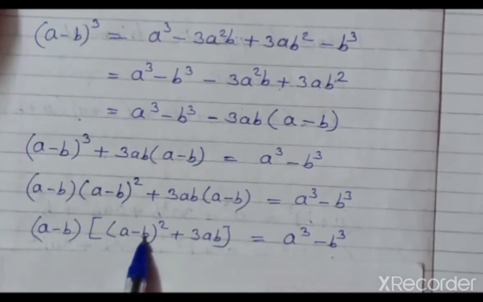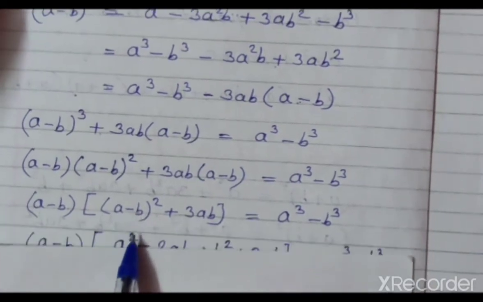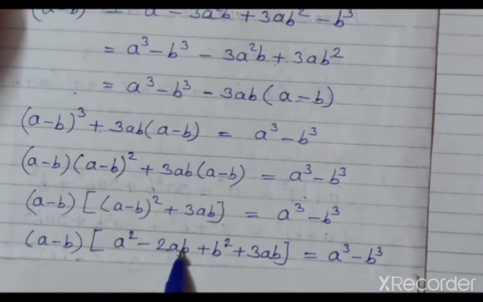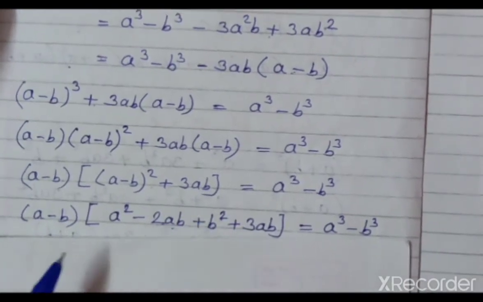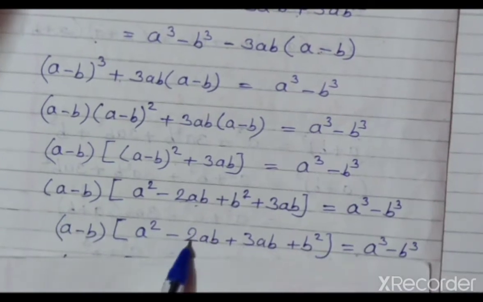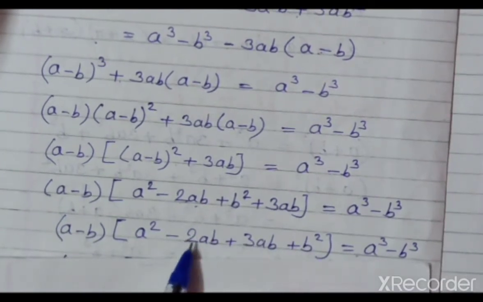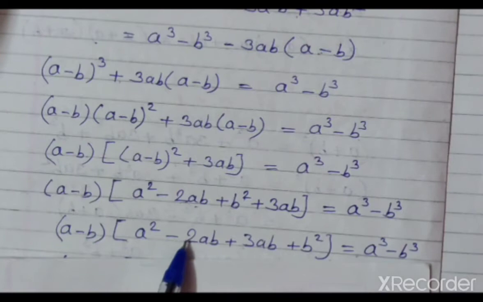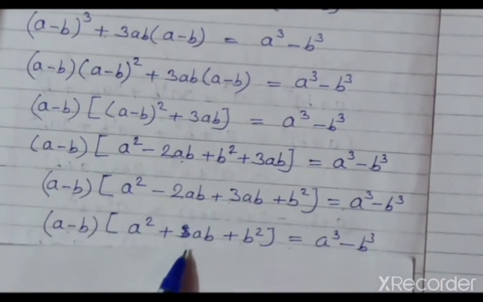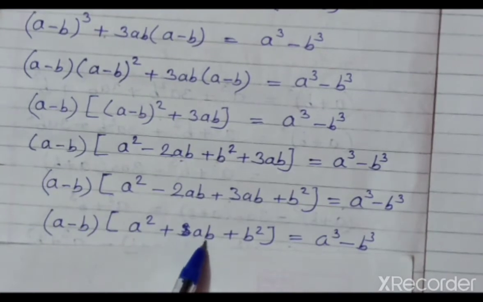Again we know the expansion of (a − b)² is equal to a² − 2ab + b², and after combining these two terms we will get plus 1, because −2 + 3 is equal to plus 1. So here it is +ab.